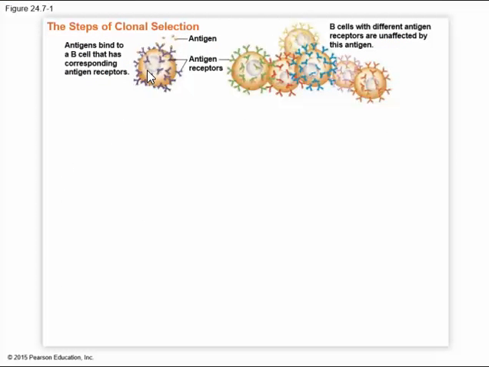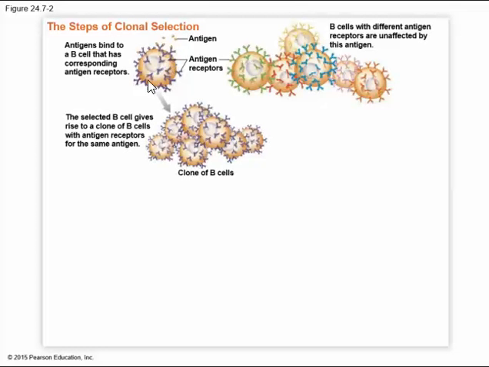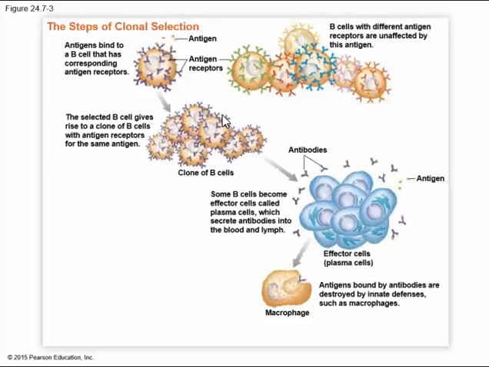Alright. So we have antigens bind to a B cell that has the correct receptors. Now, B cells with different antigen receptors do not respond. The selected B cell gives rise to a clone of B cells with the same receptors, the same antigen. Some B cells become effector cells.